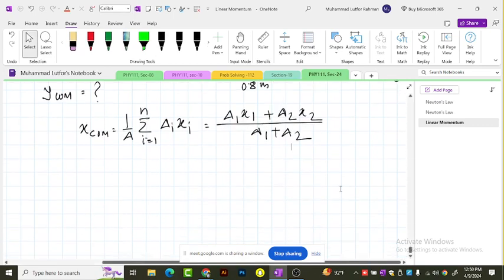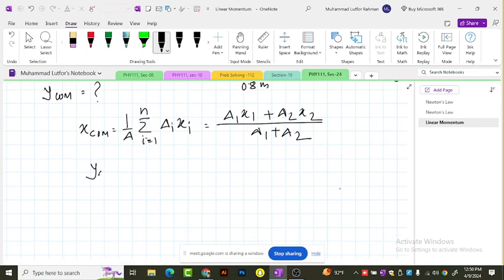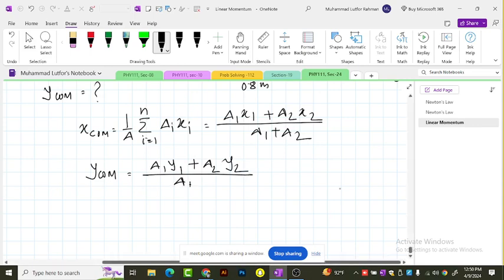Same way you can write the ycom. So ycom should be a1 y1 plus a2 y2 divided by a1 plus a2.